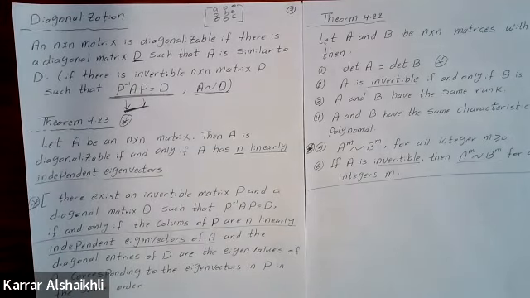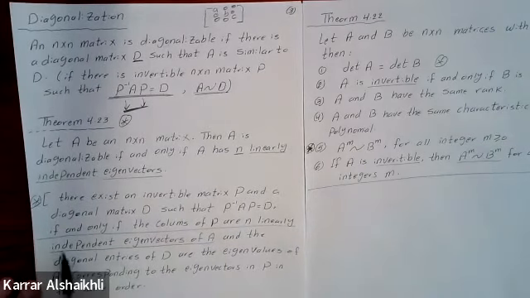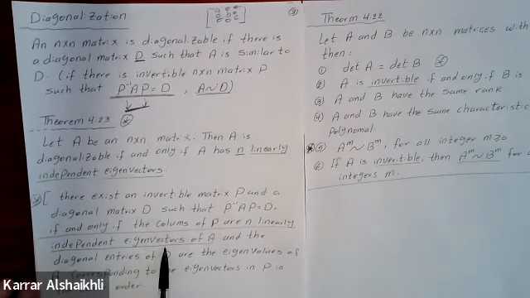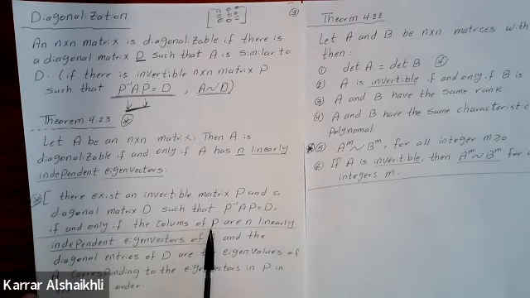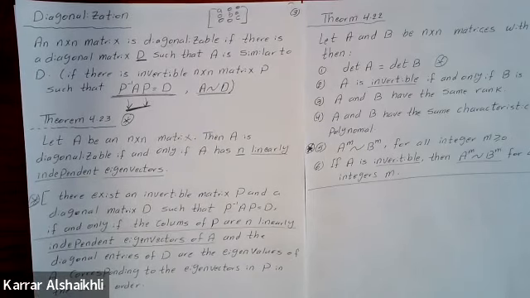It is the n linearly independent eigenvectors. That means we're going to find the eigenvectors for A, which form the matrix P. You see, that's the important line here.